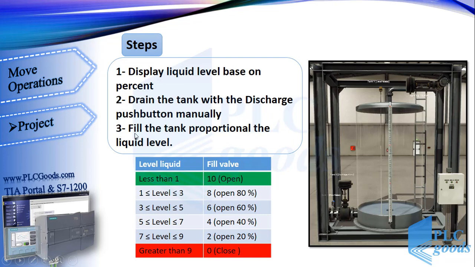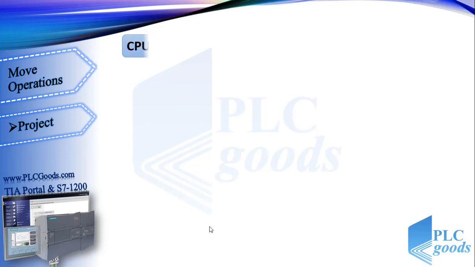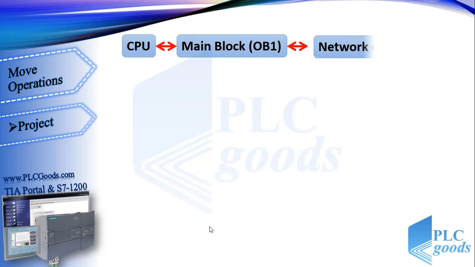Now we want to write a program for filling the tank based on its level. For example, when the level sensor gives us a number between 5 and 7, we must use 40% of the fill valve capacity. The fill function will be called from network 4.